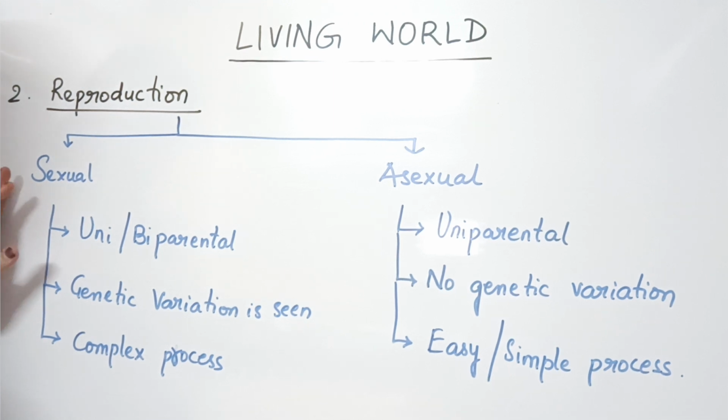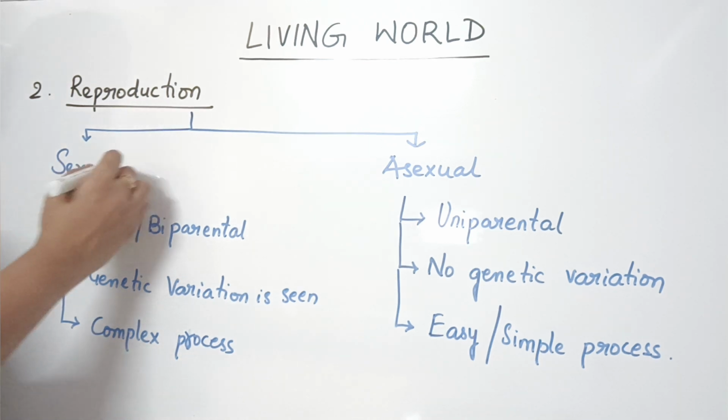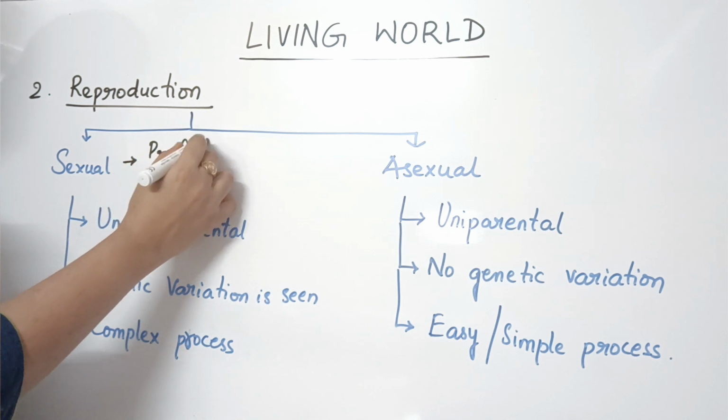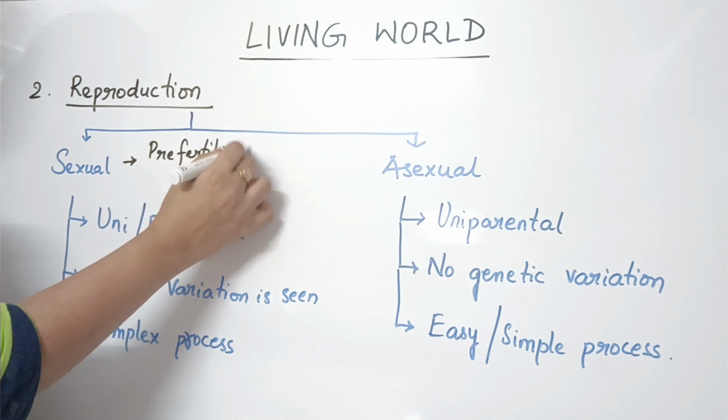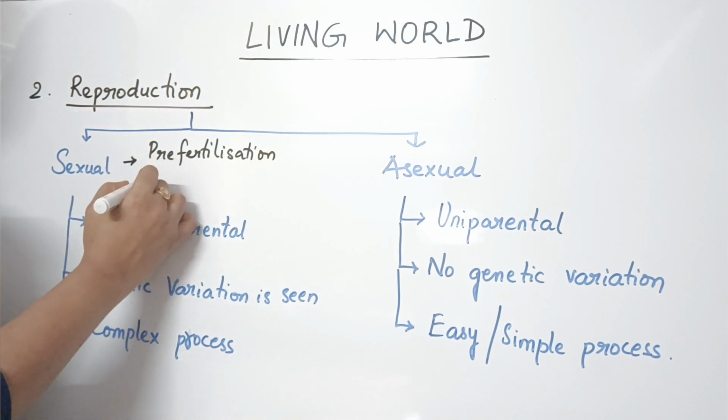When we are talking about sexual reproduction, the steps involved are gamete formation, which we call pre-fertilization, which is the first step. The second one is fertilization.